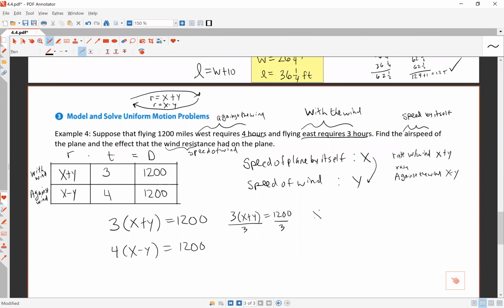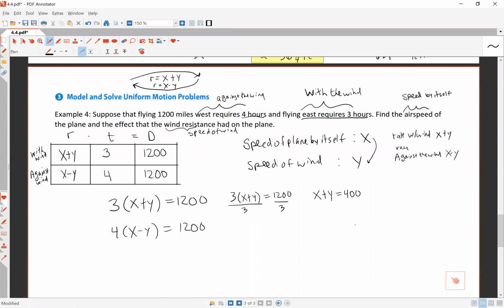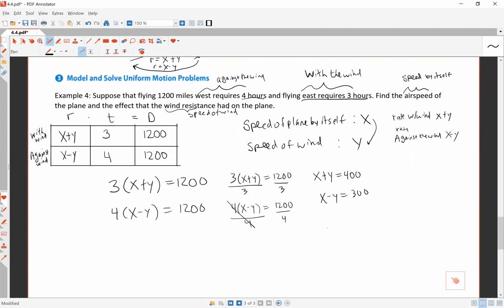And that's going to give me x plus y is 400. 4 times x minus y equals 1,200. I'm going to divide the left by 4 and the right by 4, and then we get x minus y is 300.